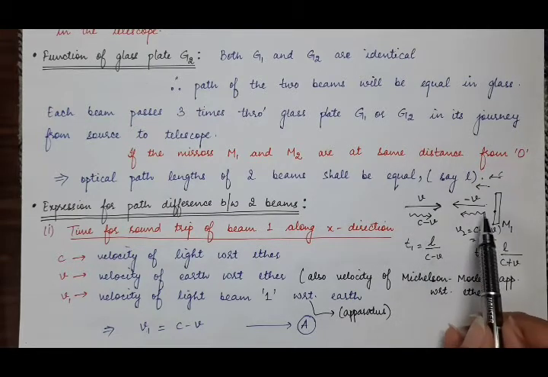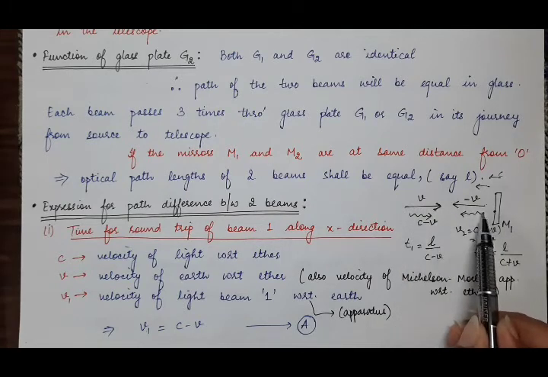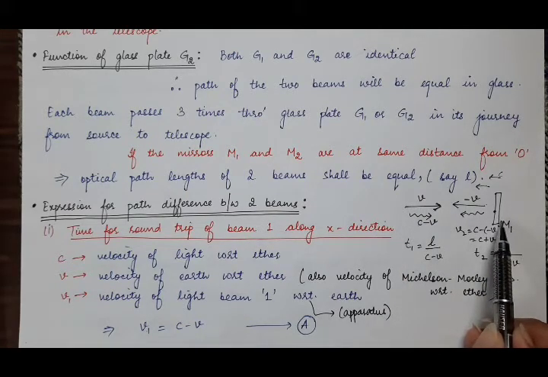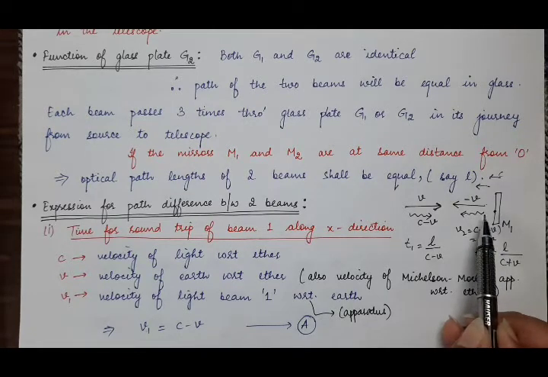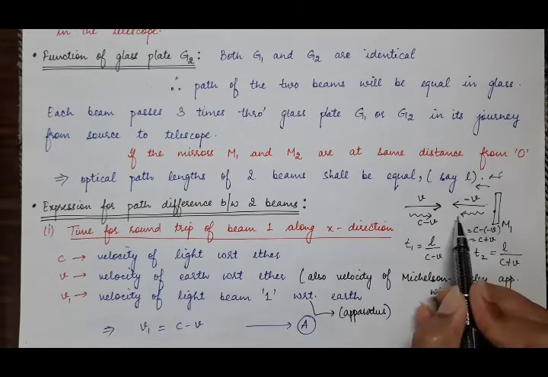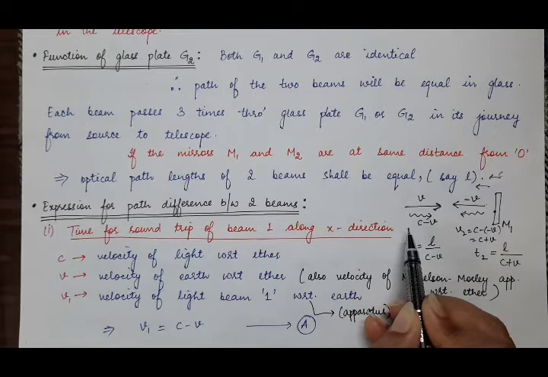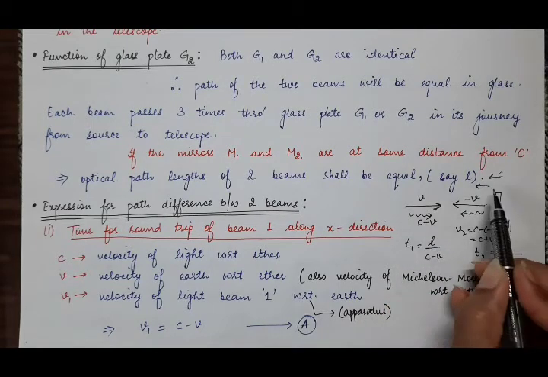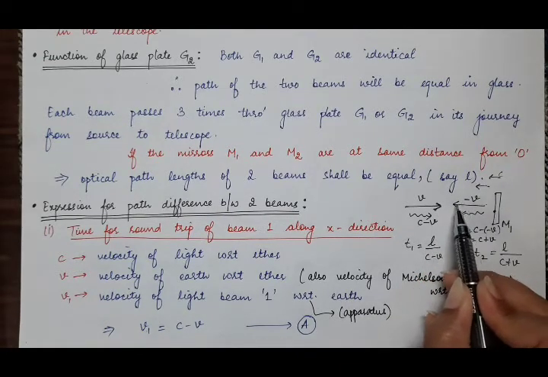And then during the return journey of beam number 1 after getting reflected from mirror M1, it will move in this direction, means along negative x-axis, and Earth is moving in this direction. So ether wind will be acting in this direction.